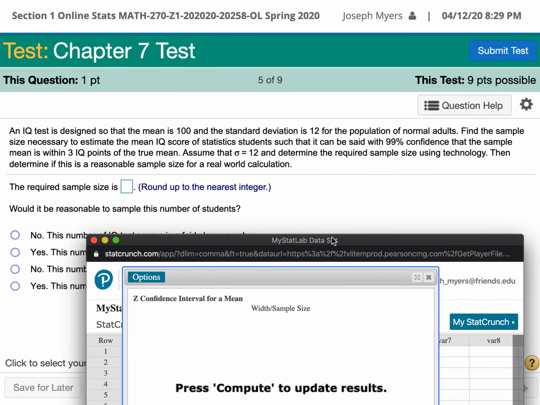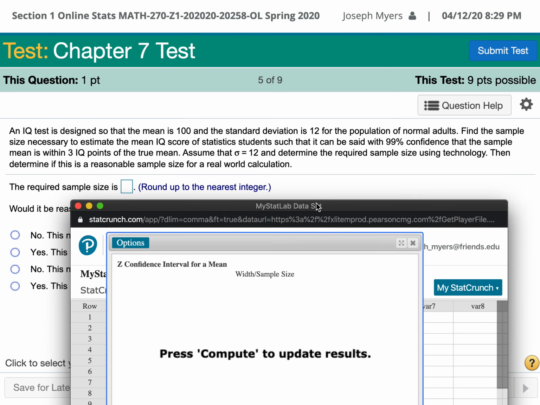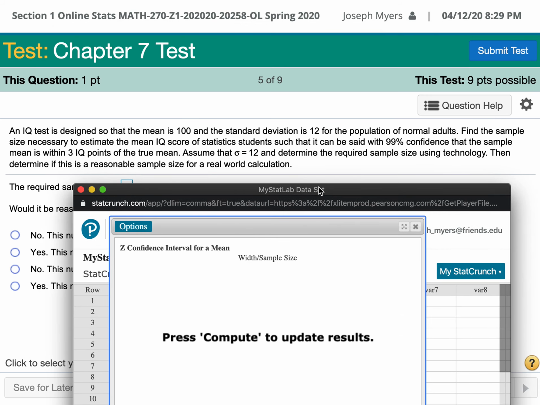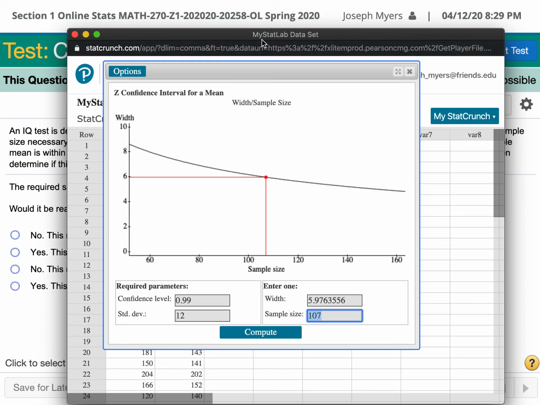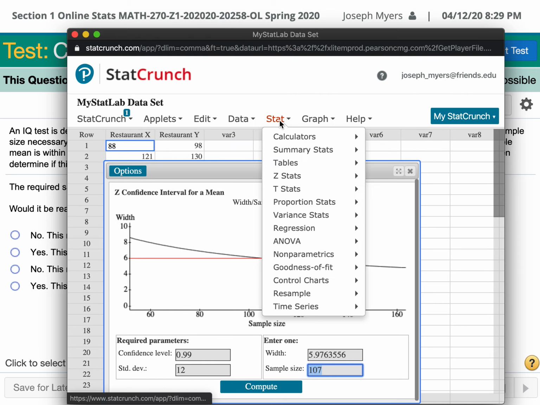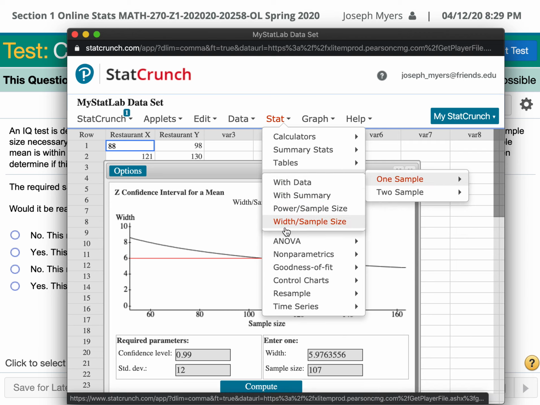And then determine the required sample size using technology, which is what I'm showing you right here. So the required sample size is 107. So once again, what I did is I went to the Stats button, which is behind this window, and I clicked on Z-Stats, one sample, and then I clicked on the very last option, with sample size.